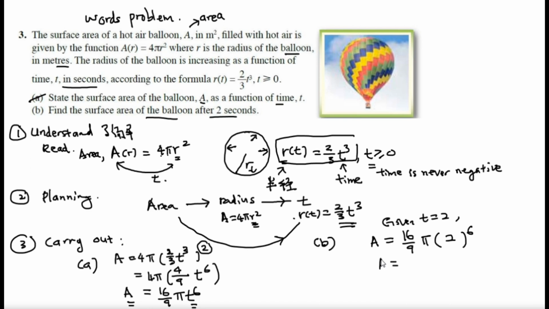We can find the answer by using a calculator. 2 power 6, what is 2 power 6? It is 64, so 16/9 pi times 64. Then you can make use of a calculator to find the final answer. You can check by using the calculator. Give me a second.